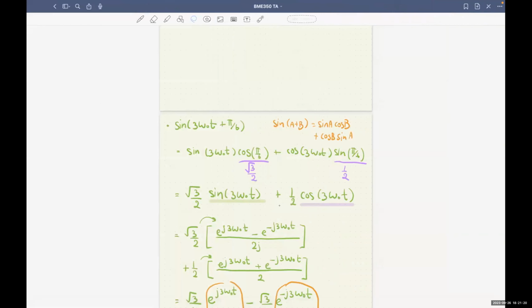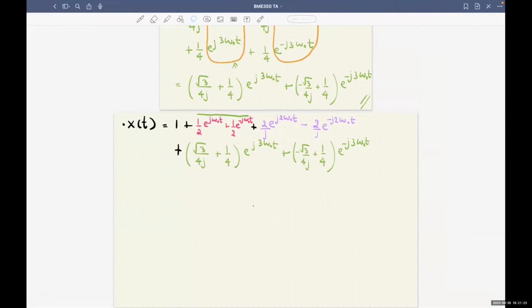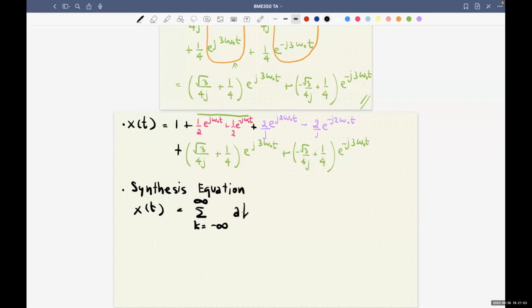For the synthesis equation, we have x of t equal, okay, so this is our synthesis equation.